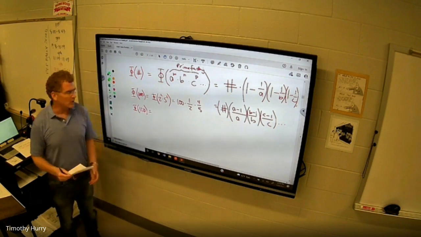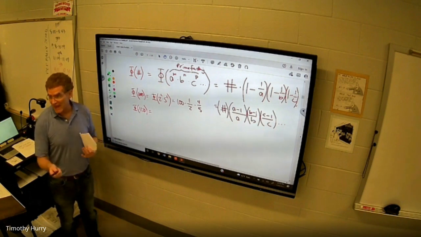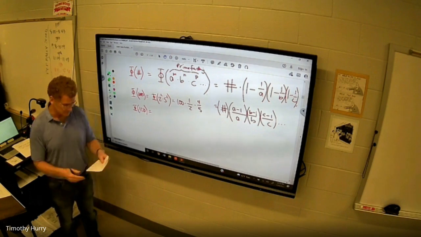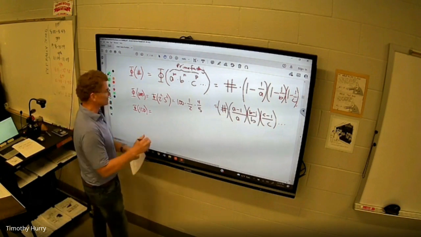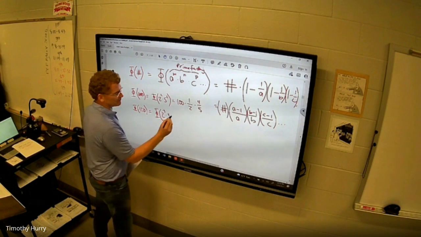So something like phi of 120. How does 120 factor? Well, I know 2 goes into that, leaves a 60. 2 goes into that, leaves a 30. 2 goes into that, leaves a 15. So that's 3 twos, a 3 and a 5, so 2 cubed, 3 and 5.